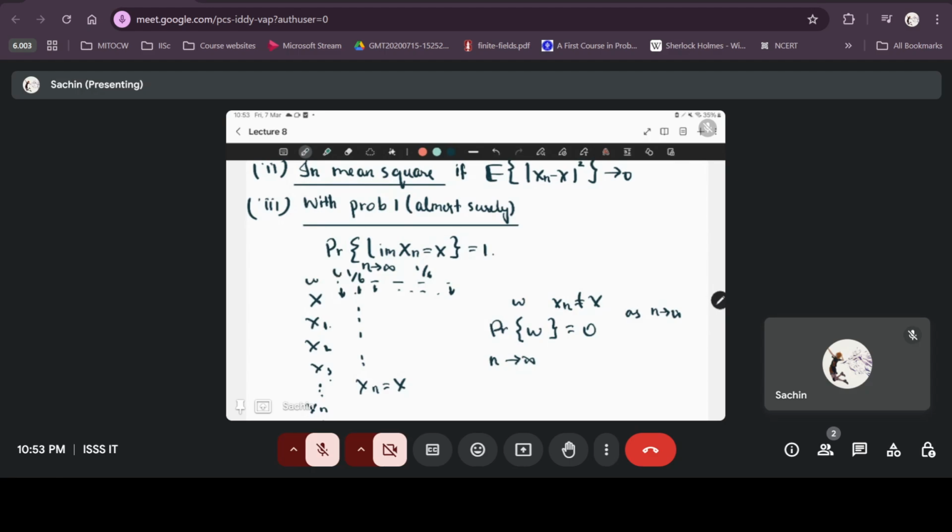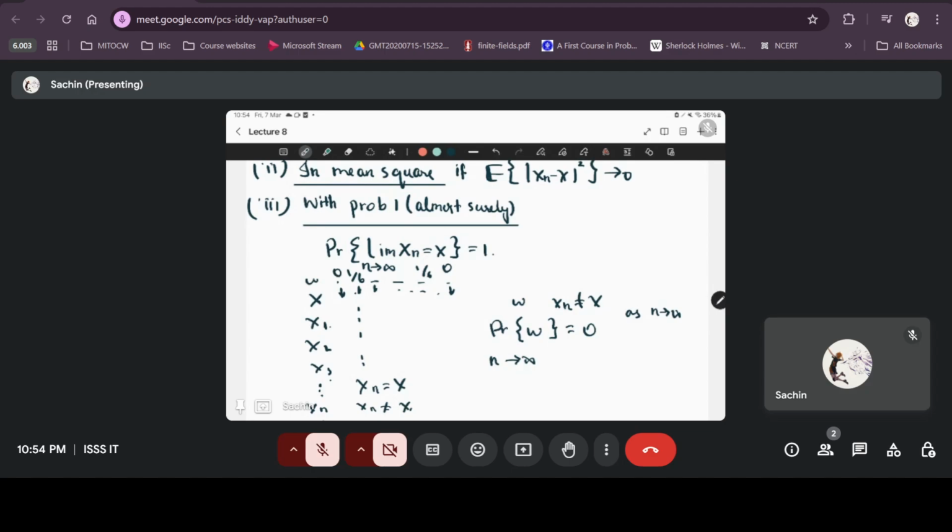And if there are outcomes which occur with probability 0, then at those outcomes, Xn and X need not match. So it is enough that as n approaches infinity, Xn and X match exactly at all the outcomes which occur with non-zero probability.